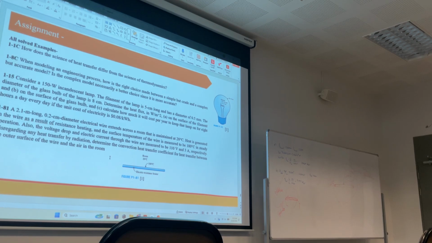So the heat transfer from the wire to the room air is going to be by convection, right? So ignore the radiation and determine the convection heat transfer coefficient, which is small h, between the outer surface of the wire and the air in the room.